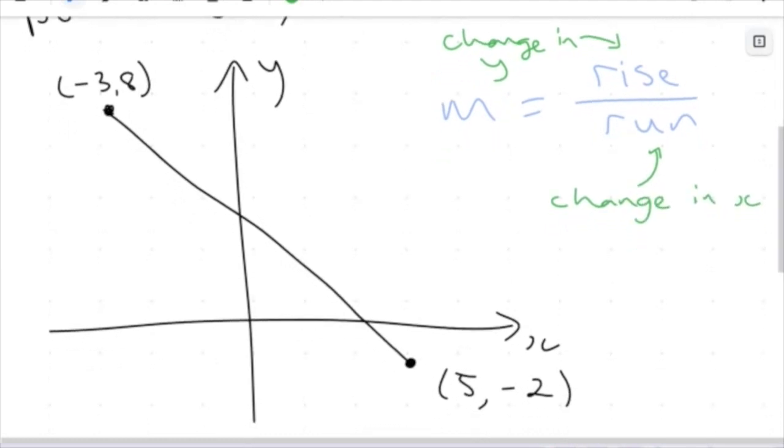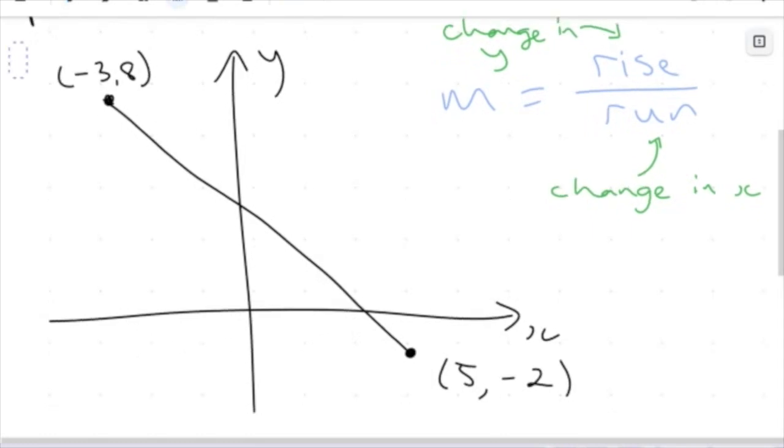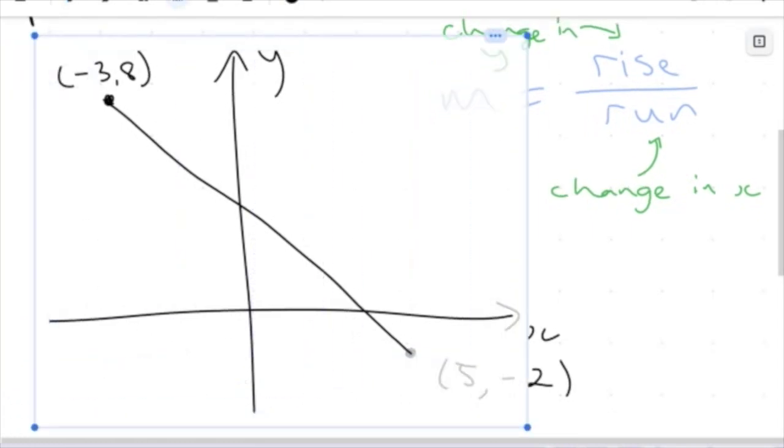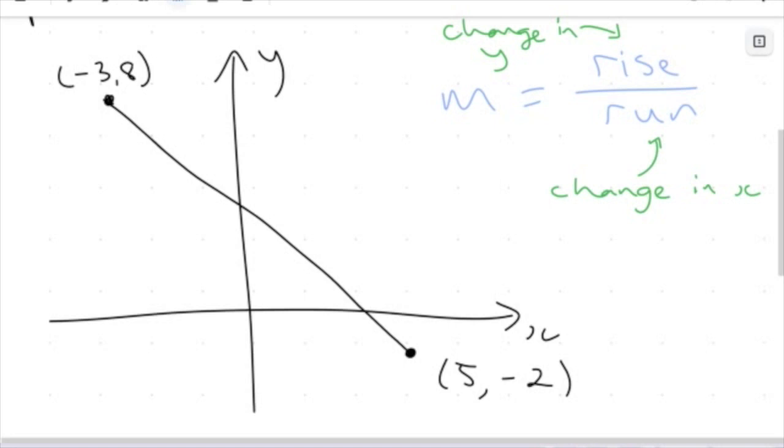Okay, so let's just take a moment to consider this. Let's look at, for example, starting at this point, what's been the change in y to get down to here, as well as the change in x. And dividing that change in y by the change in x will give us the gradient. Now, here we're starting at 8 on the y-axis, and we end up dropping down to -2.